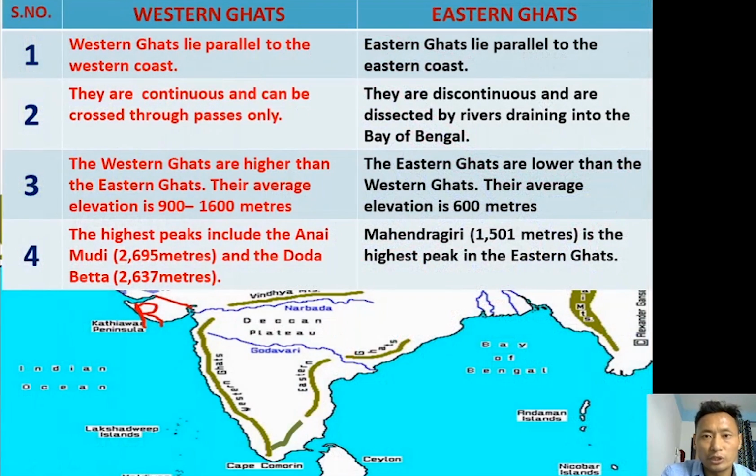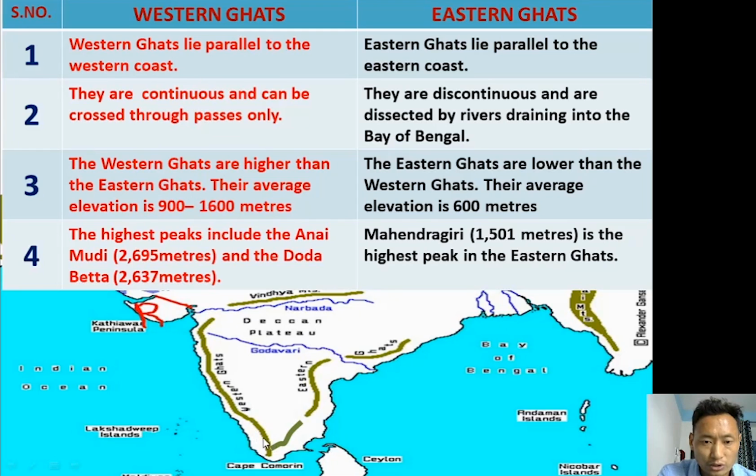Here we are going to compare, or distinguish between, the characteristics of Western Ghats and the Eastern Ghats. Western Ghats lie parallel to the west coast. So this is the location of Western Ghats.